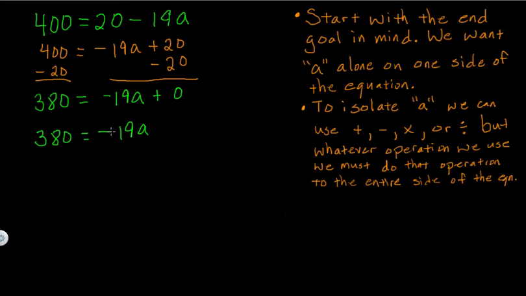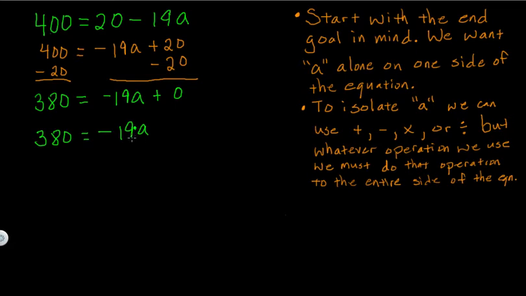So I see that this is a negative 19 times A. And I know that the complement to multiplication is division. So my next step here will be to divide both sides in a way that I will get rid of the thing that is attached by multiplication to A. And the thing that is attached by multiplication to A is negative 19.